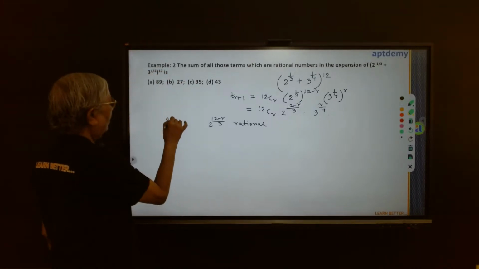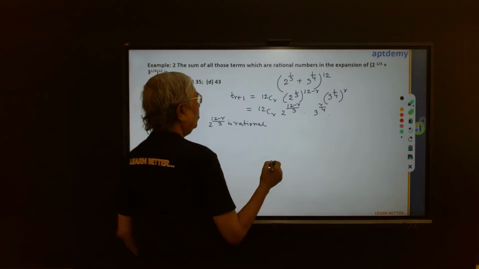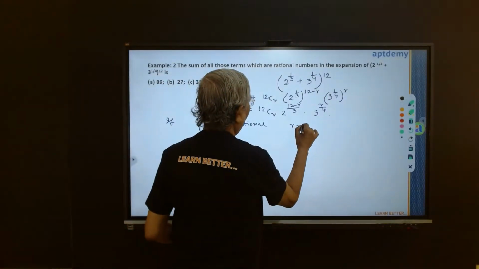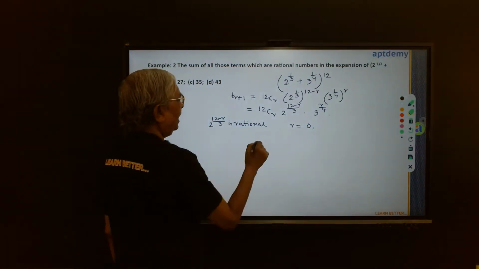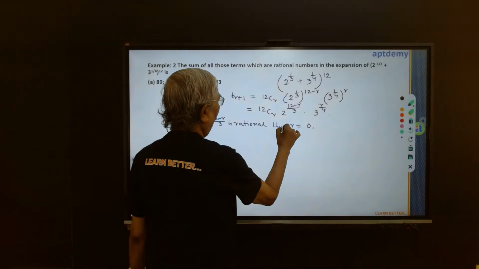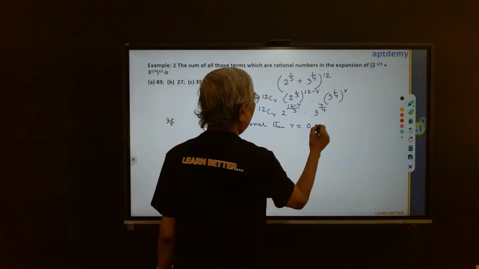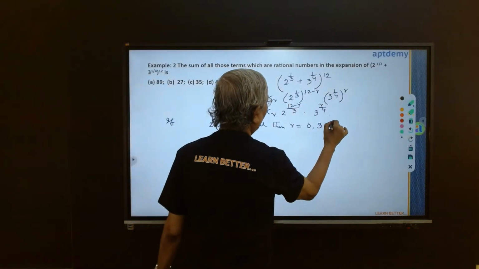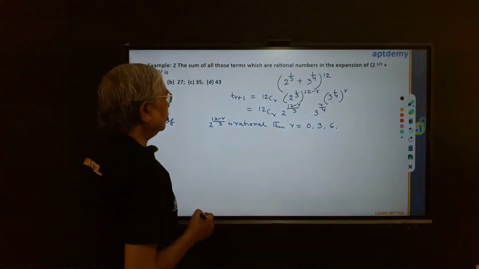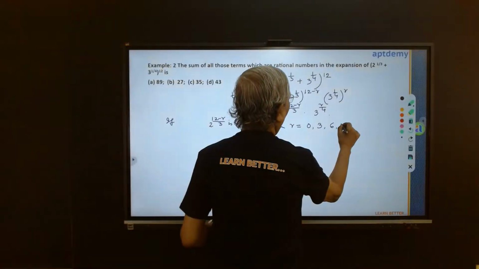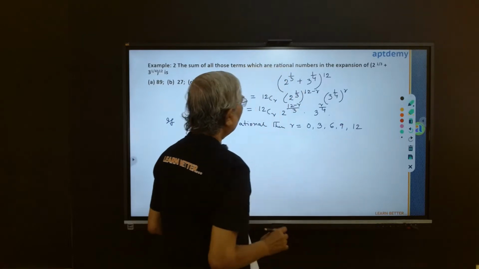If this is rational, then r equals 0, r may be equal to 3, r may be equal to 6, r may be equal to 9, r may be equal to 12.